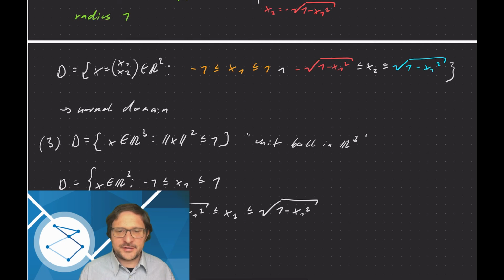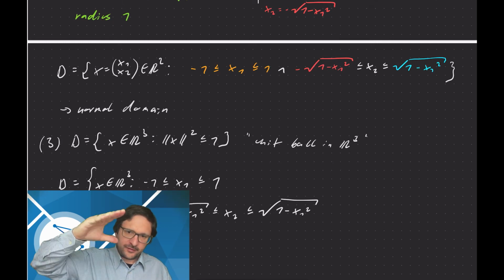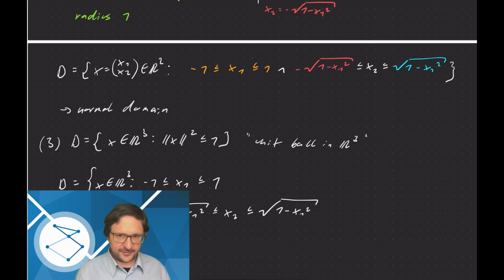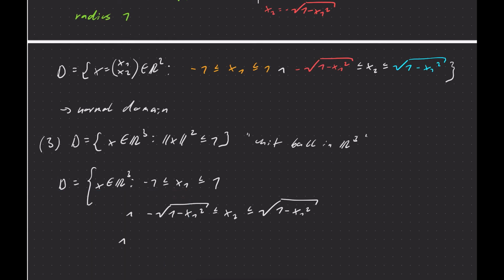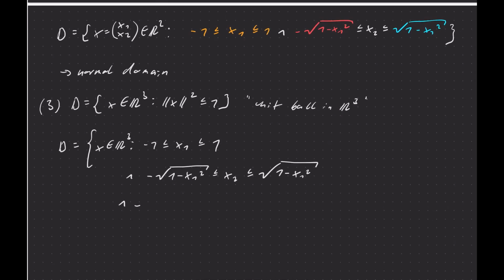And then of course x3 depends on x1 and x2. So depending on the value of those two, we can vary the height over the x1, x2 plane, or the negative height. And in the same way as we discussed for the circle above, a lower bound is minus the square root of 1 minus x1 squared minus x2 squared.